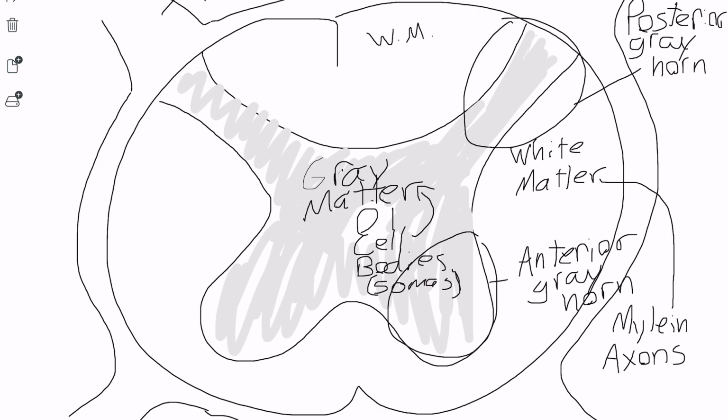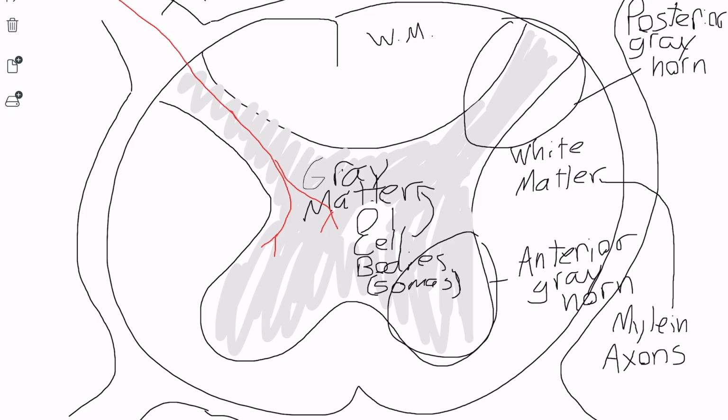Let me color code here since we've got just a bunch of gray and black so far. And so our sensory neurons will come in through the dorsal root into the posterior gray horn, and they will make important connections.